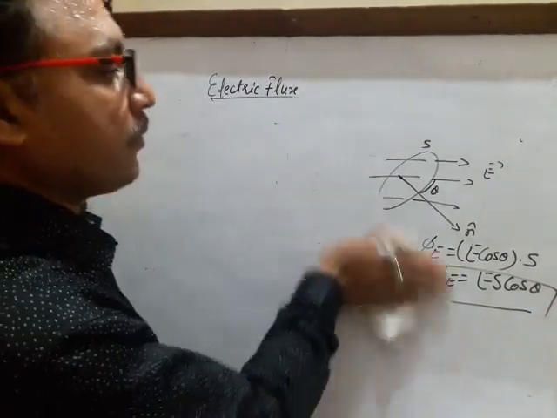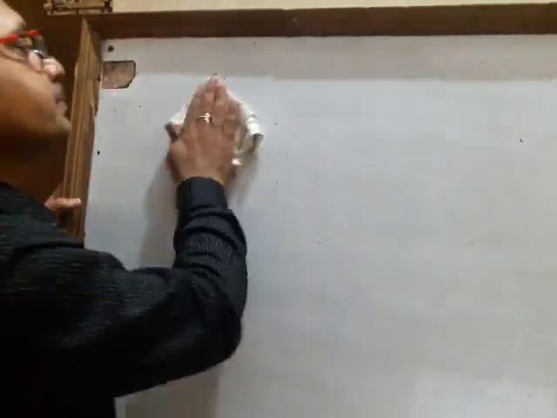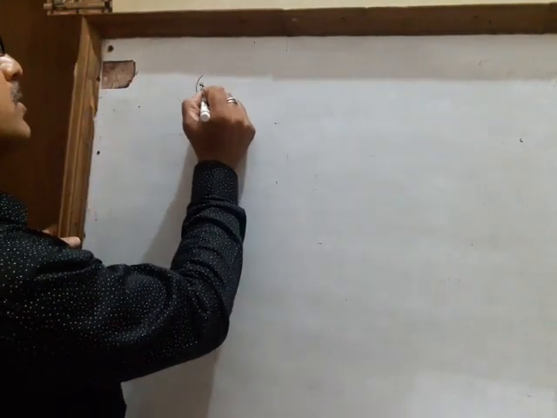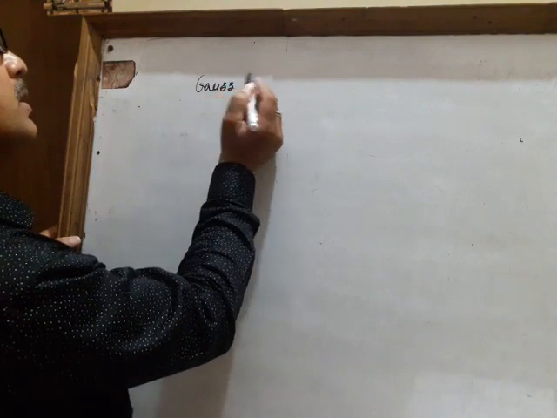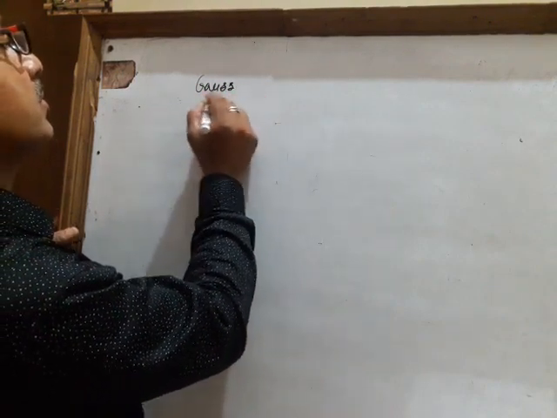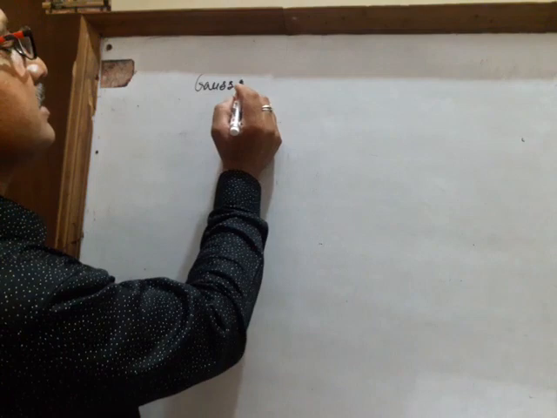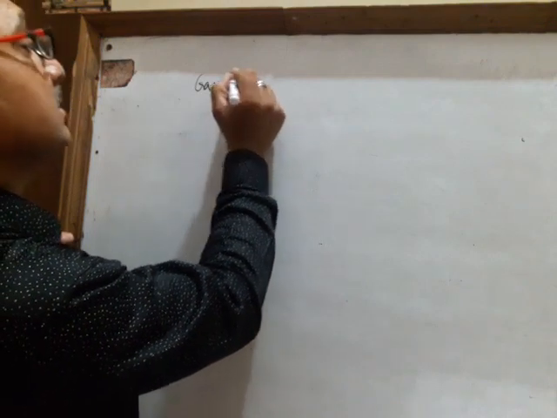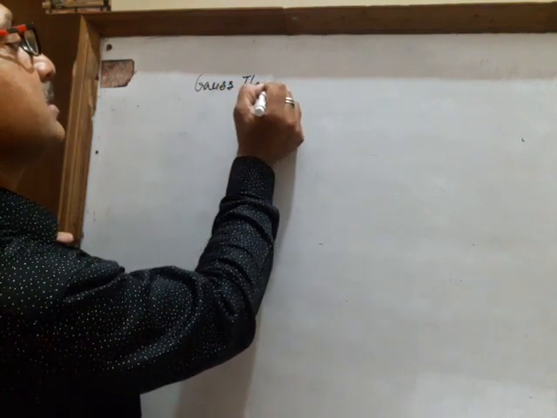I hope you have followed, and now we come to the next topic, which is very important, and that is Gauss theorem. You write now: Gauss theorem. According to the name of the scientist Carl Friedrich Gauss, the theorem is known as Gauss theorem.